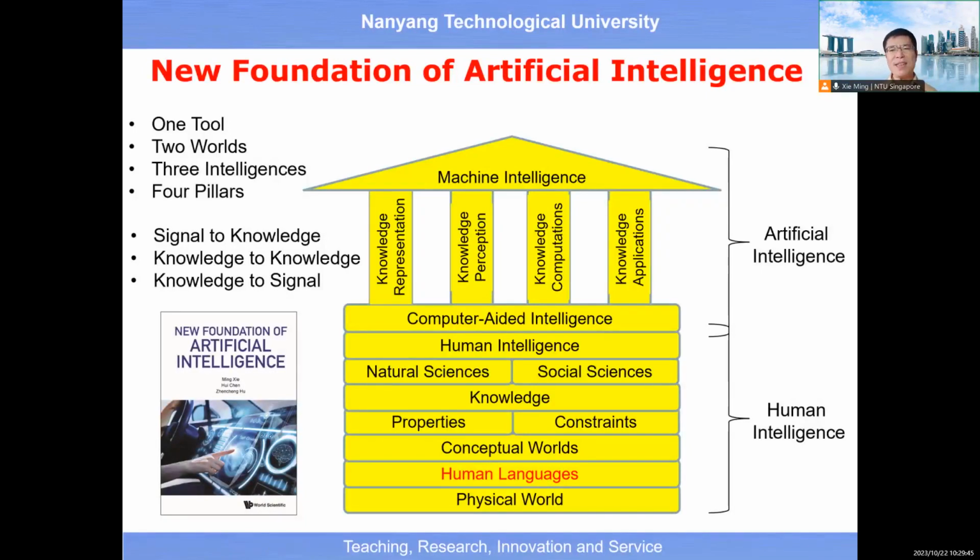The first phase is the transformation from sensory signal to knowledge. The second phase is the transformation from knowledge to knowledge, for example, one type of knowledge to another type of knowledge. And the third phase is the transformation from knowledge to motor signal.